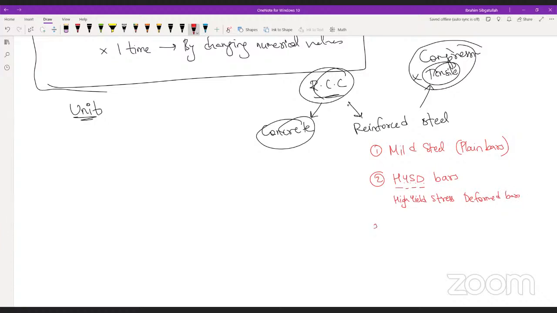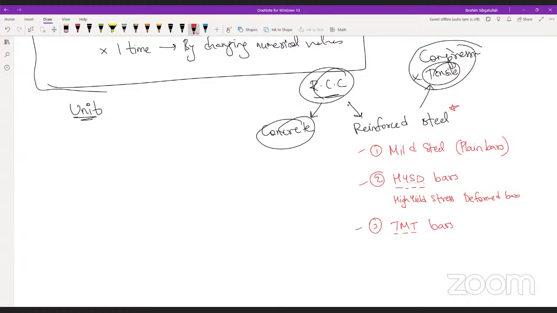And the third type of steel that we will be using is TMT bars. This is very important because in the exam, especially in the design problems, they will tell you which bar we are using. Depending on that, we will have to calculate the yield stress. For each one of these, there is a particular yield stress.